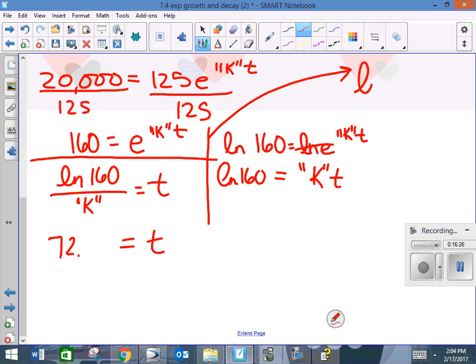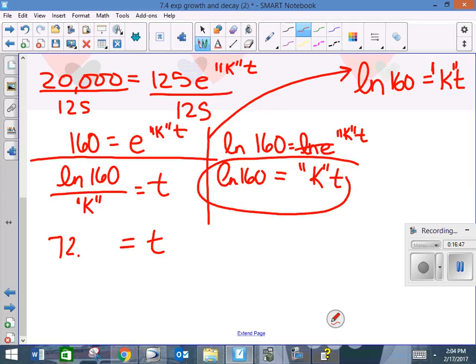It should work out. ln equals KT, of 160. So you get the same thing. That's basically what you did. So you can do that. I just don't think that way, but it does eventually get there.